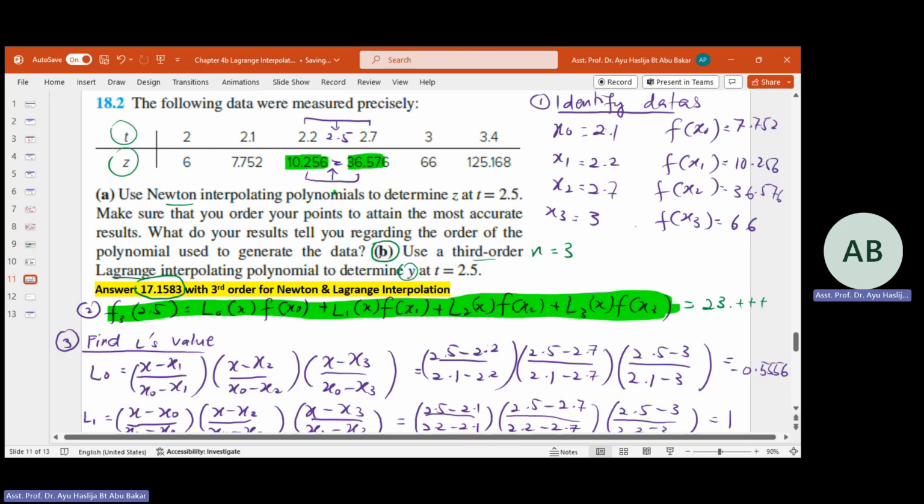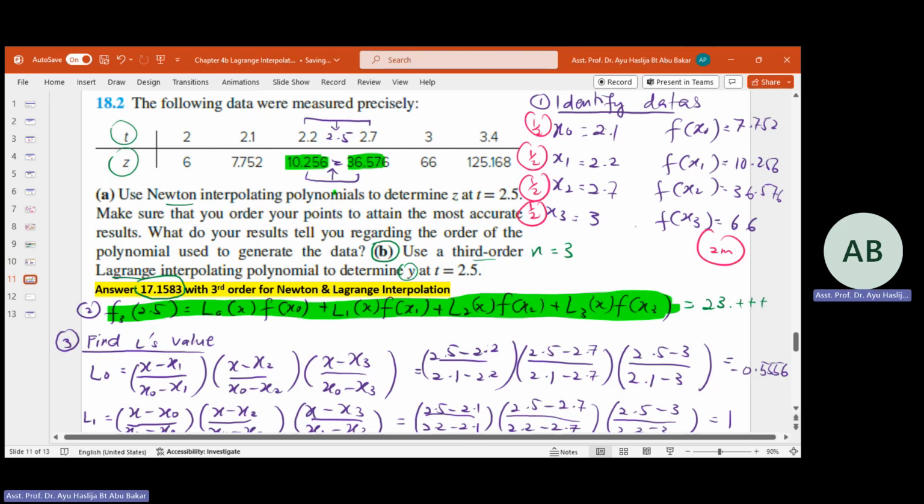For example, for this question, it asks you to find using Lagrange. Each data point will bring half marks. Okay, so that's why it's important for you to list down your data points. So here, for the first step, already contribute 4 marks. These two, here 2 marks.